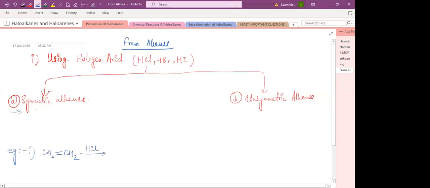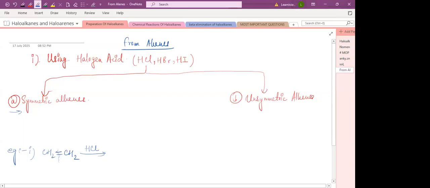So if the alkene is symmetrical, what you have to do is just break the pi bond, and add hydrogen on one carbon and add halogen on the second carbon, because it's symmetric. आप किसी भी कार्बन पे हाइड्रोजन ऐड कर सकते हो और किसी भी कार्बन पे halogen group add कर सकते हो, right? Because it's a symmetric one.